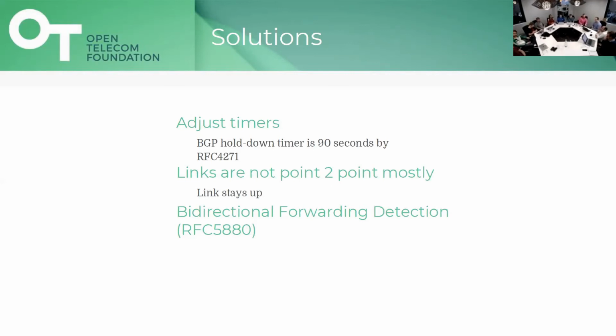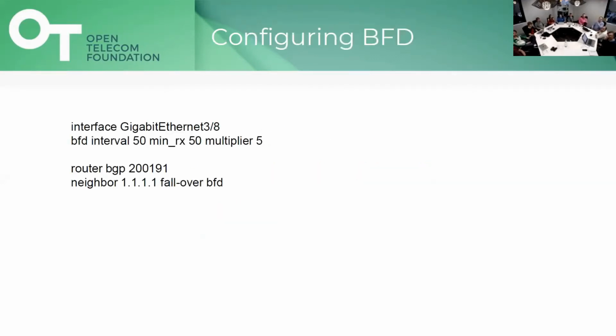So there is a better way, and that's bidirectional forwarding detection. I don't know if any of you are using it. This is all you have to do to have bidirectional forwarding detection on your BGP links. It's another protocol that runs over your network, giving very small heartbeats to the other end at a very low interval.